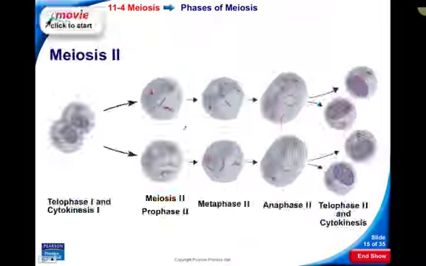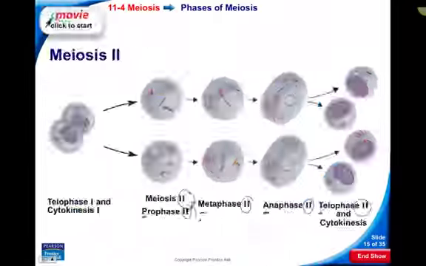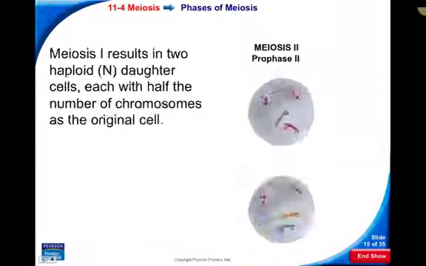And here we go, you don't have to memorize anything new, because here we go with PMAT again. The only difference is they have a 2 after because they are part of meiosis 2. So here we go, prophase 2 of meiosis 2.